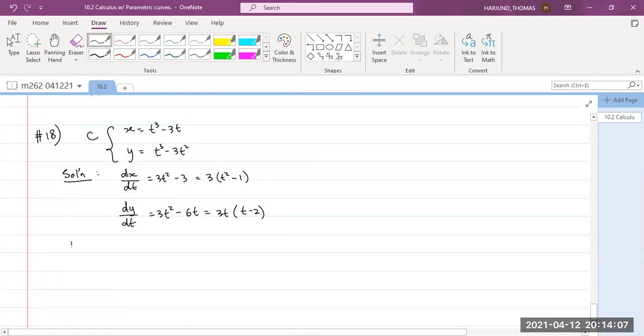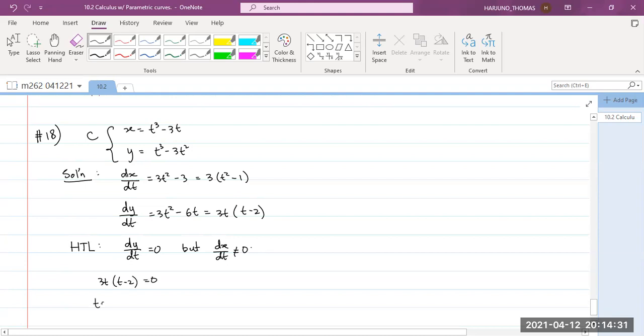Okay, so horizontal tangent happens when dy dt equals 0, but dx dt is not, right? So we set dy dt equal to 0.